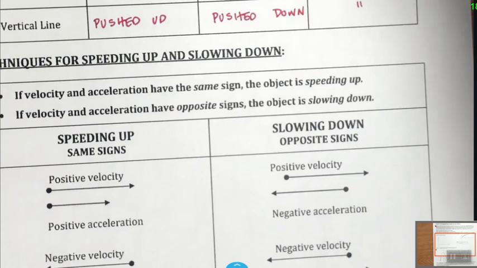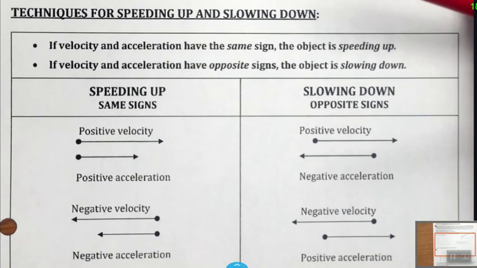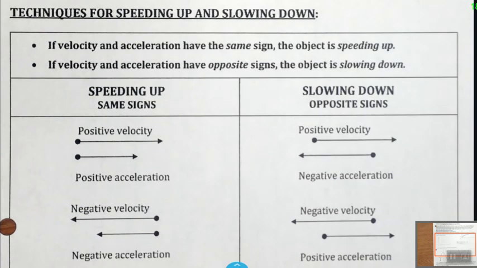Okay, let's talk about speeding up and slowing down though, because speeding up and slowing down doesn't just mean whether your velocity is positive or negative, or your acceleration is positive or negative. It's both of them combined.